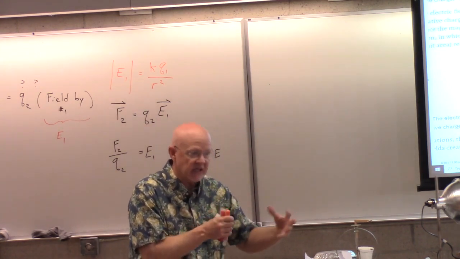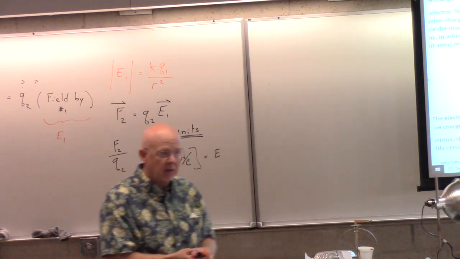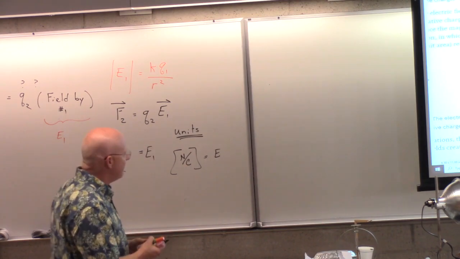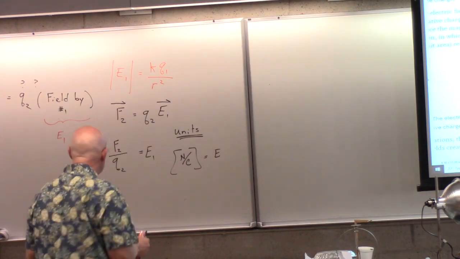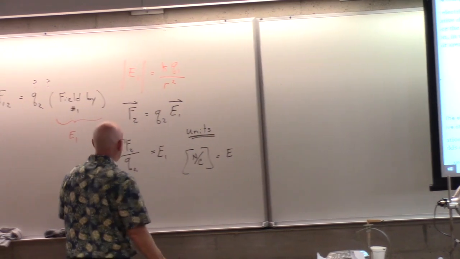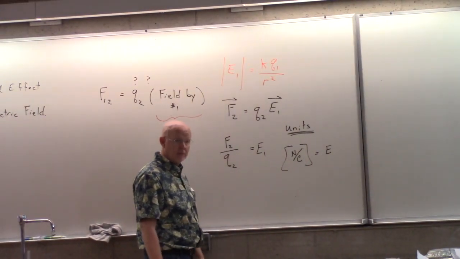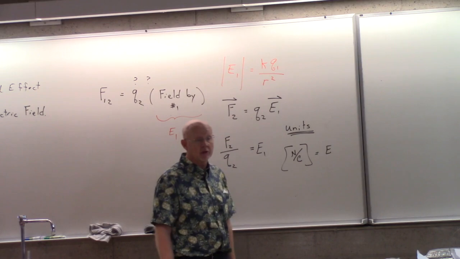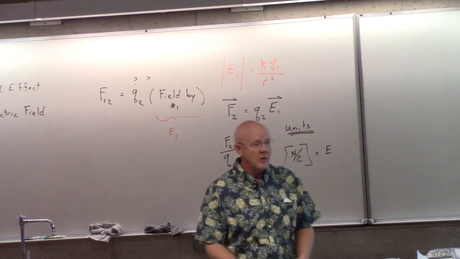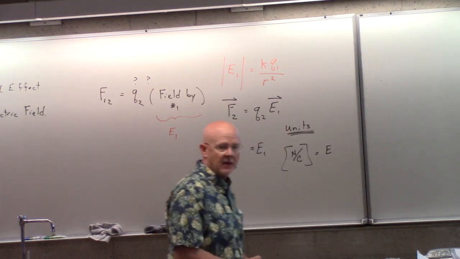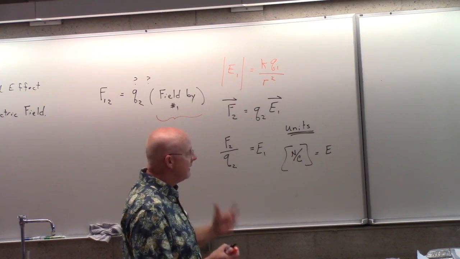So it's that process, it's that mechanism. And the other part of it is, its meaning is, how much force would you get per unit charge? And those are the two things that the author is looking for in that question. 13 or 14, something like that. Meaning of the electric field.